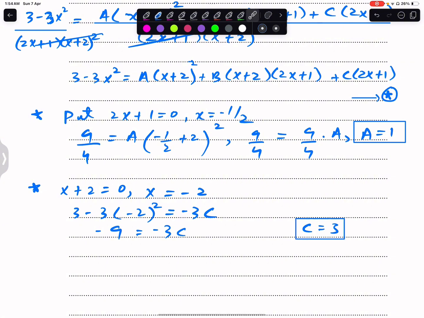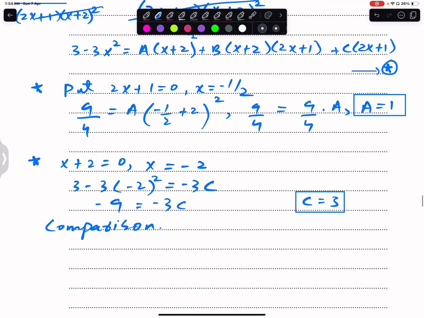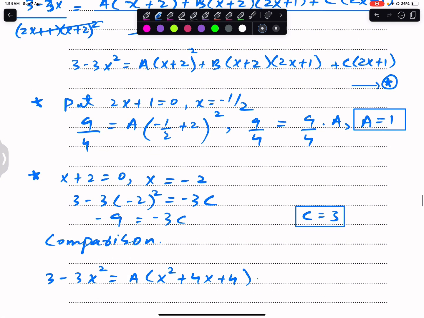Now the last value we will find using comparison. So now comparison. For this, let's open this equation. A times x square plus 4x plus 4 plus b times 2x square plus 5x plus 2.